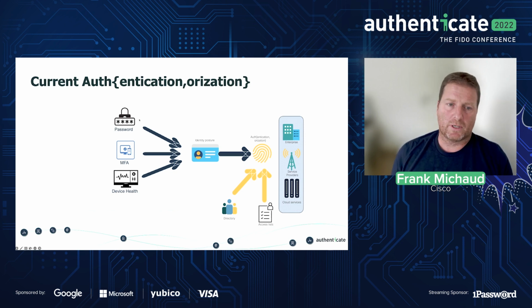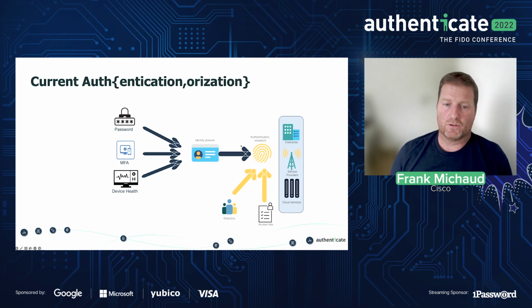If you look on the left side, you have the password, the MFA, sometimes the device health checks that are part of MFA solutions today. You can look at it as creating a set of information at a certain time t about the user, and you can call it identity posture, right? You take that, you make an authentication decision, and then you make an authorization decision, fueled by the information coming from the directory and access list, to decide at this point in time whether you allow the user to access the services or the application that you are hosting.